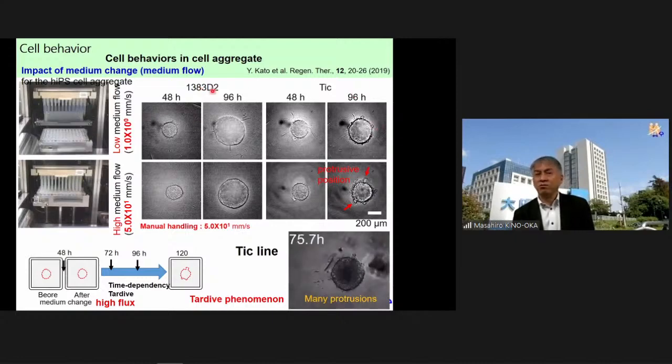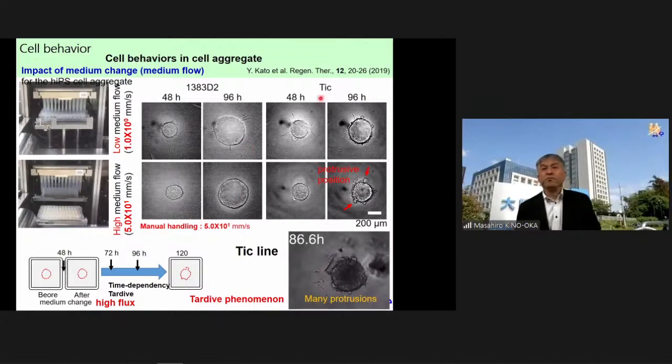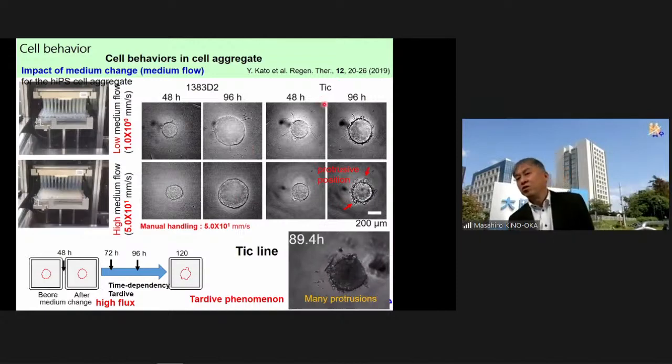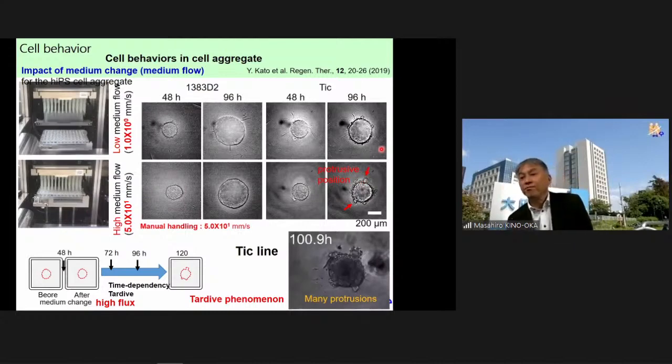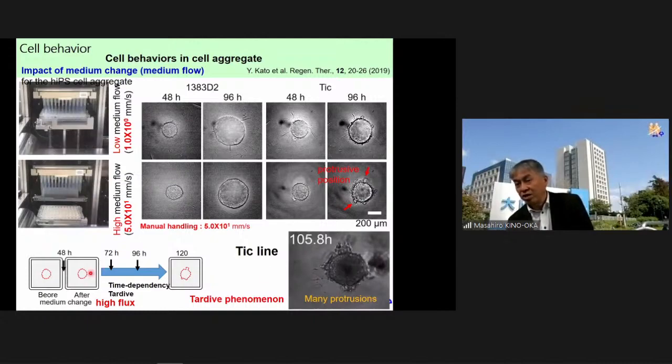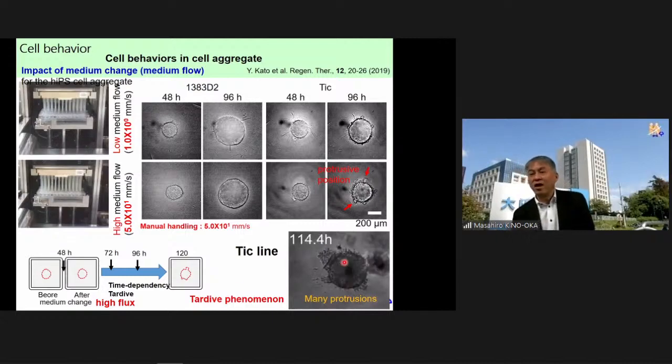For this D2 type, the growth by changing the medium flow looks the same, but in this case, you see some dotted positions. And during the time course, after medium change, they start to push some cells from inside to outside during the culture.